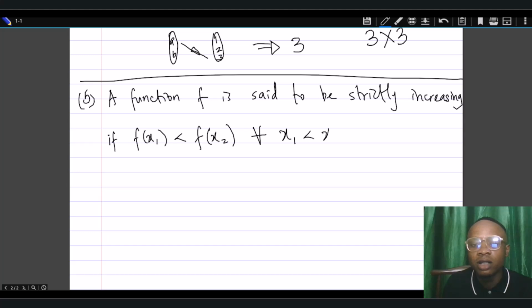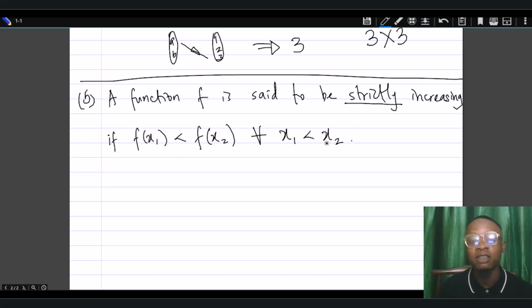So that is the idea. If we define a function and we say it is strictly increasing, the implication of strictly here is that we cannot have equal to here.